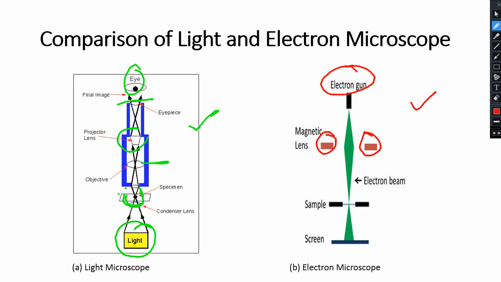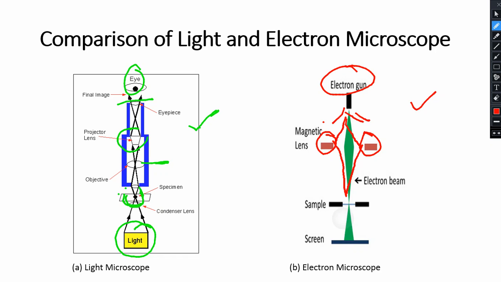These magnetic lenses are directing these electrons toward the sample. For example, these electrons are going in every direction, but once they reach the magnetic lenses, they are directed toward the sample.